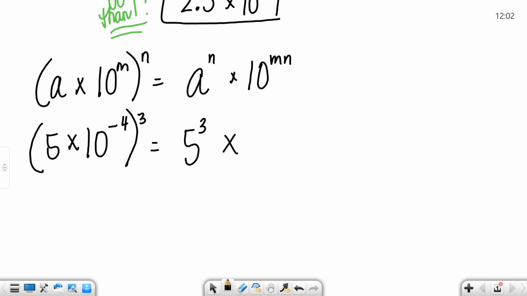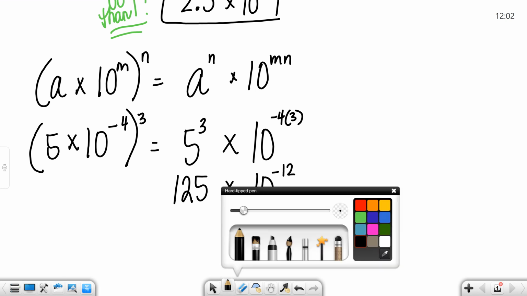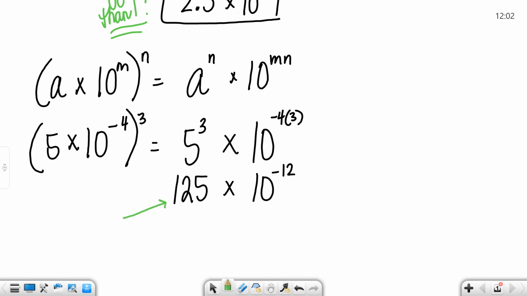So 5 to the third power times 10 to the -4 times 3. Okay, now I can do 5 cubed. It's 5 times 5 times 5 is 125. 10 to the -12. All right, this is bigger than 10. Okay, that's not okay.